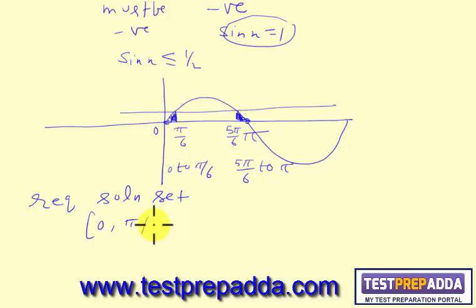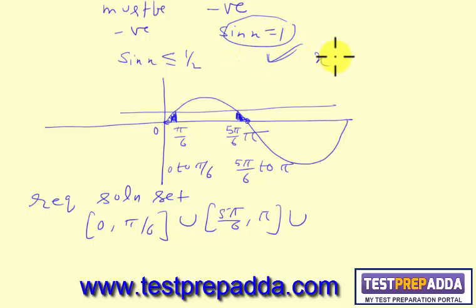0 to pi by 6 union 5 pi by 6 to pi, and here one more value, sin x is equal to 1 means x is equal to pi by 2. So one more value is pi by 2.